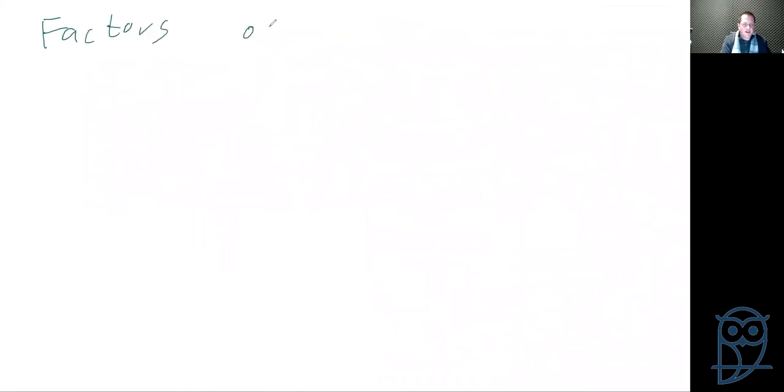What if I look for the factors of, let's say, 16? So if we have a look at factors of 16, I know that 1 is there, and because of my factor pair, 16. I know that 2 is there, and because of my factor pair, 8. 3 doesn't go into 16. What about 4? Well, 4 goes in, and 4 would multiply by 4.